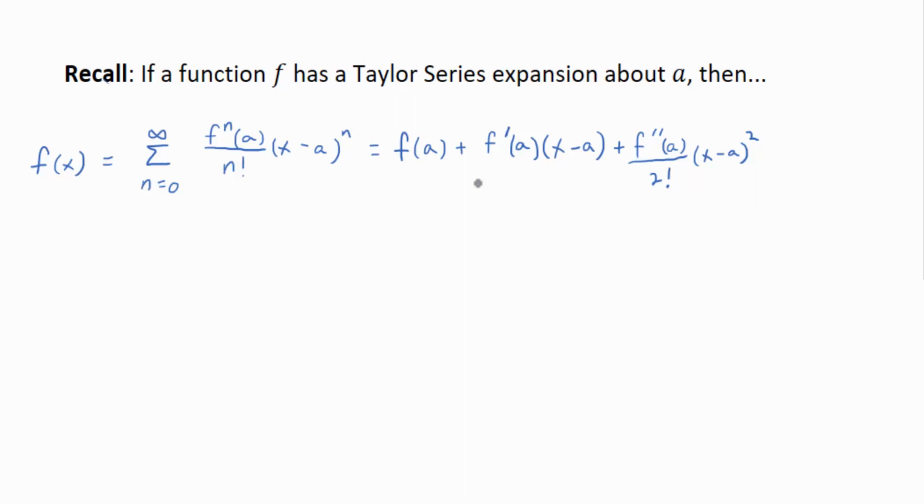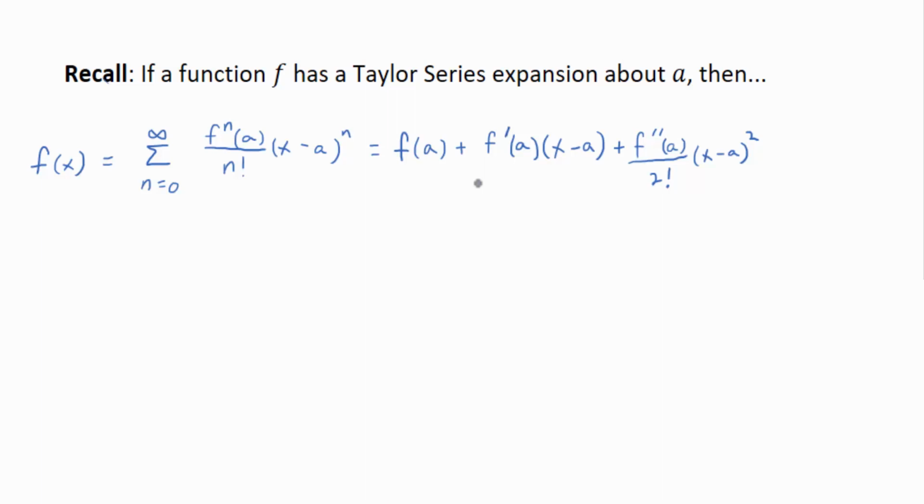The next one would be f3, or you could write a superscript 3, but eventually you have to start using the superscript numbers and not the prime notation, right? So I would just write f3 evaluated at a divided by 3 factorial, and then x minus a cubed. You write that down, and then you've got the pattern, right?